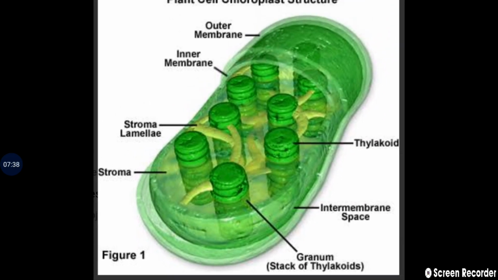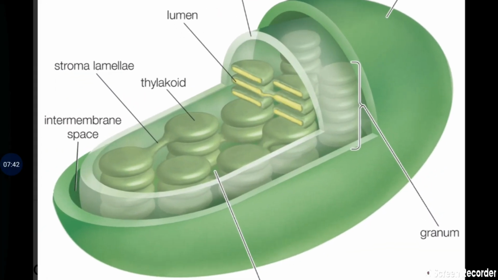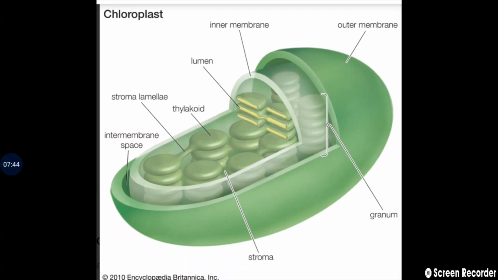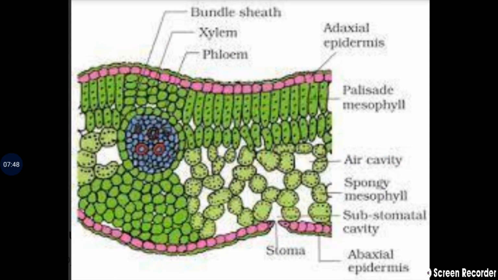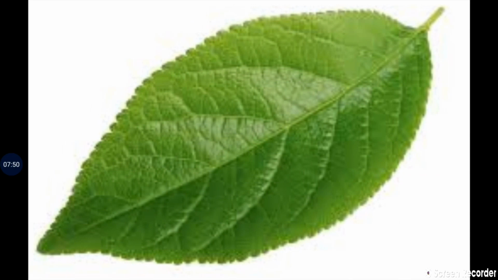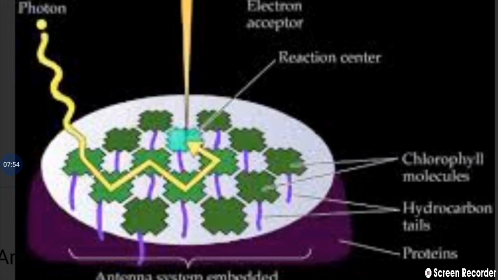In the granum, chlorophyll and other accessory pigment molecules are located and form reaction centers called PS1 and PS2.